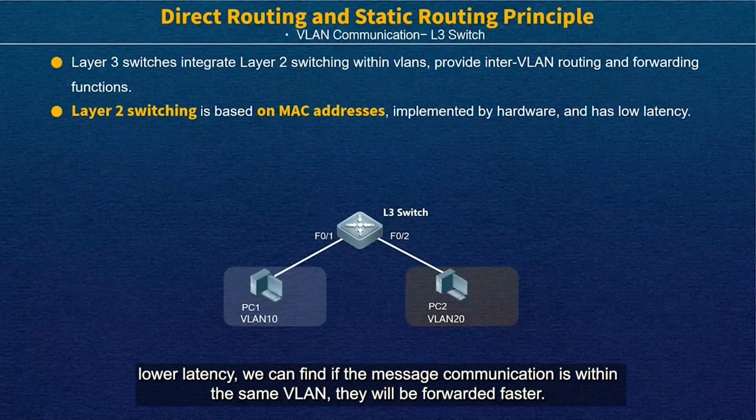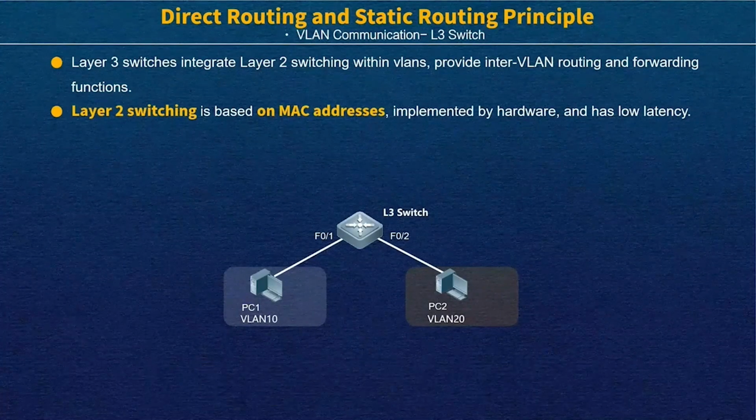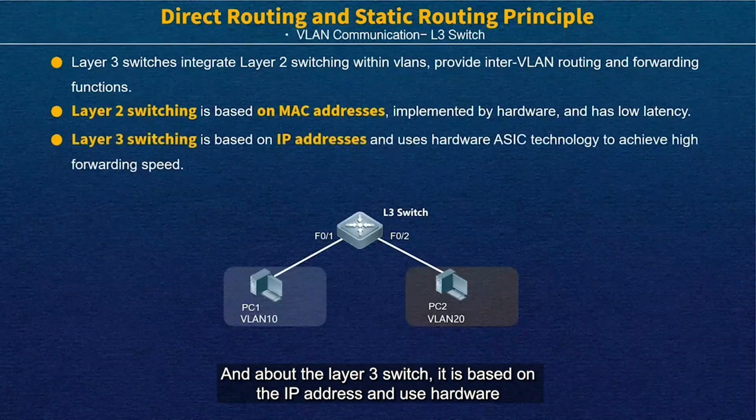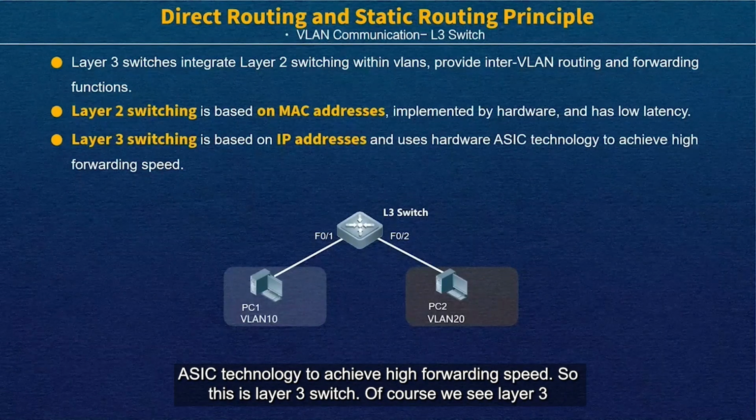If the message is within the same VLAN, it will be forwarded faster. Layer 3 switching is based on the IP address and uses hardware ASIC technology to achieve high forwarding speed. So this is layer 3 switching.